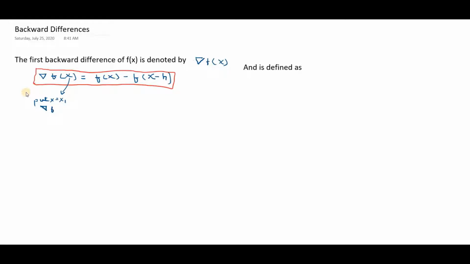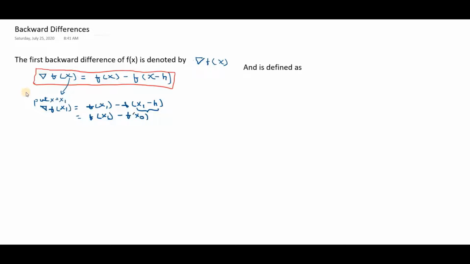Del f of x1 is equal to f of x1 minus f of x1 minus h, and this is f of x1 as it is, minus f of this x1 minus h. This x1 minus h is nothing but x0.